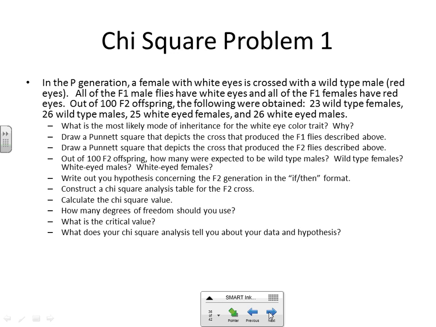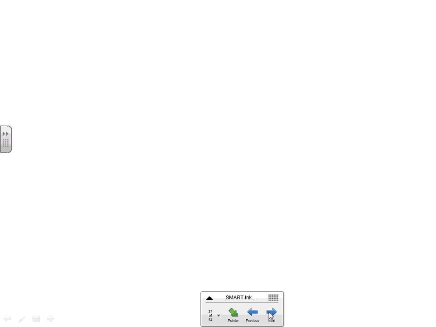So I'm going to go to a slide where I have a little space to write. Now it's telling us that we're starting with a female and a male in our P generation, the female X X, and the male X Y. Remember, if it's X-linked, you have to show the X and Y chromosomes. The female has white eyes and the male has red.